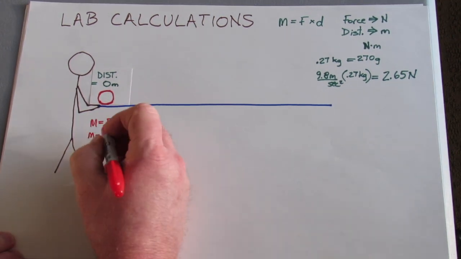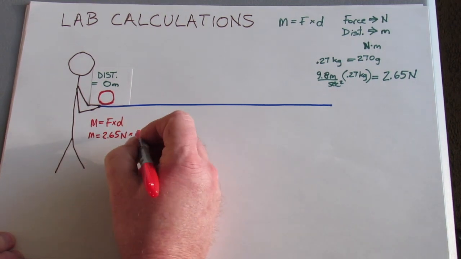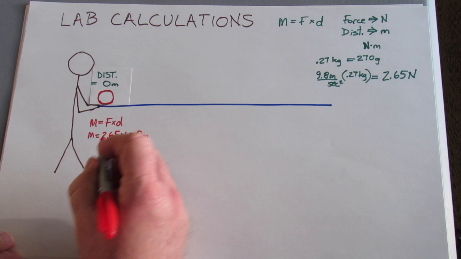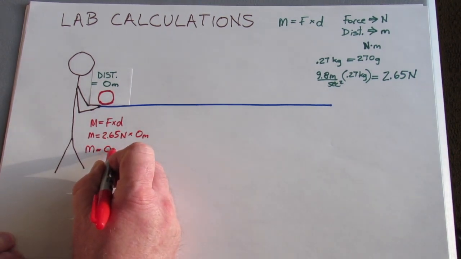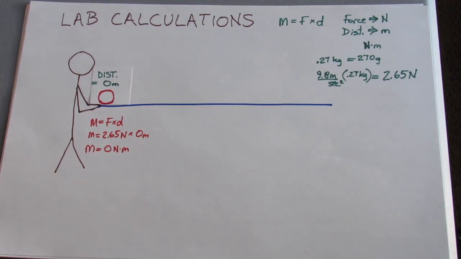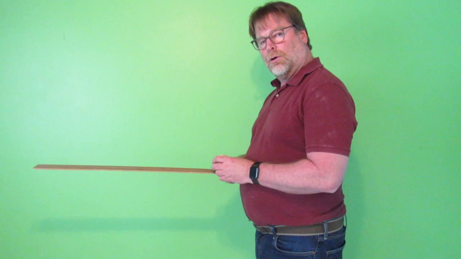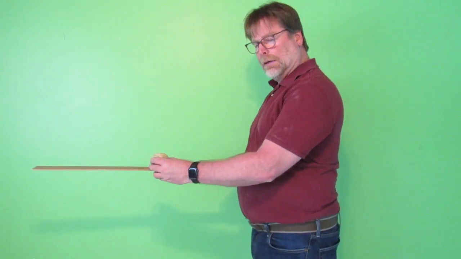Force is 2.65 newtons, and the distance is 0 meters. The moment equals 0 Newton meters. There is no moment.